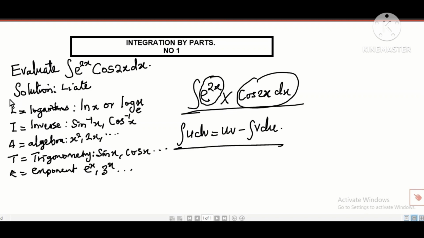Now, the essence of using this LIATE is to make sure that of the functions multiplying each other, one will be given as u, and the other one will be given as dv. Now, see where the problem comes.